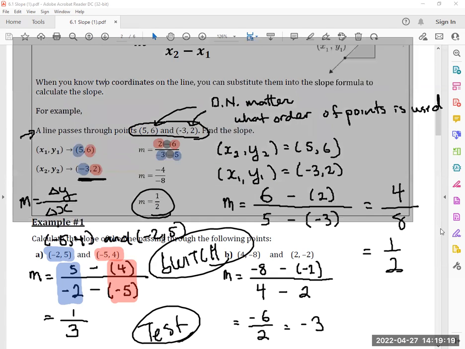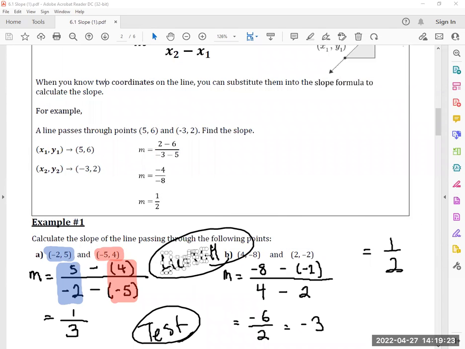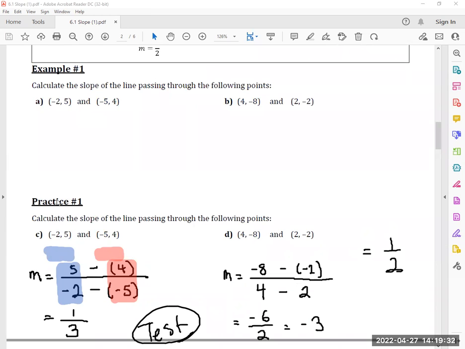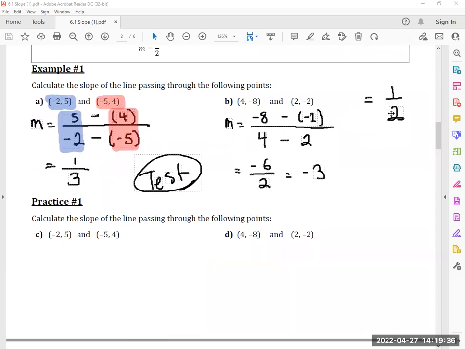Feel free to ask questions. Let's move it around. So in other words, instead of this order, I would like you to do negative 5, 4 and negative 2, 5.